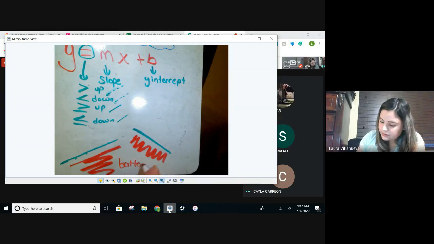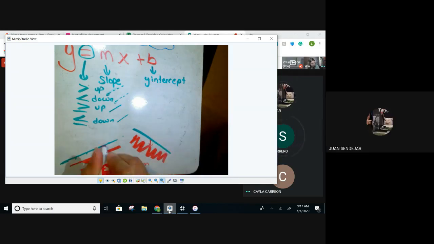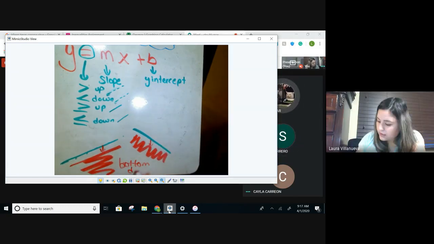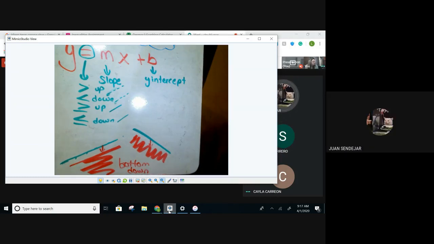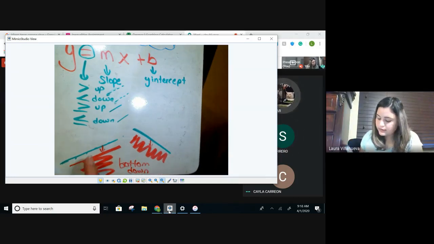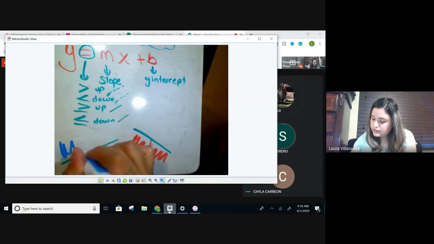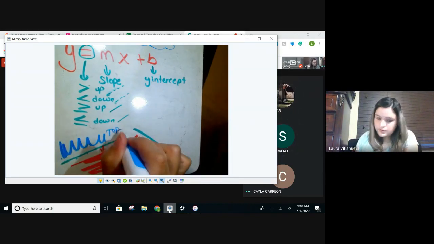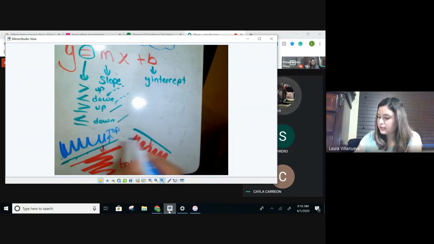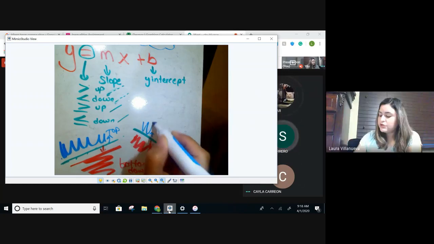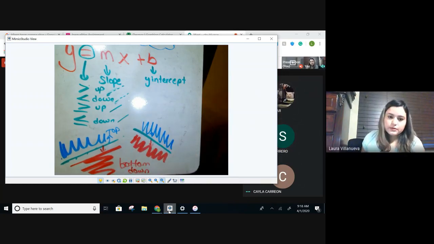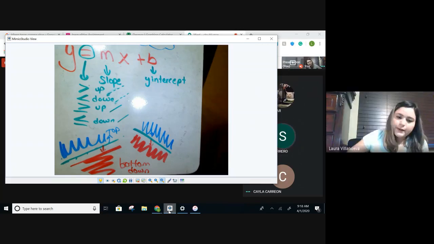These are downs. If you have a line like that, then this is a top. And this is a top. Make sure that you know what I mean by top and bottom.